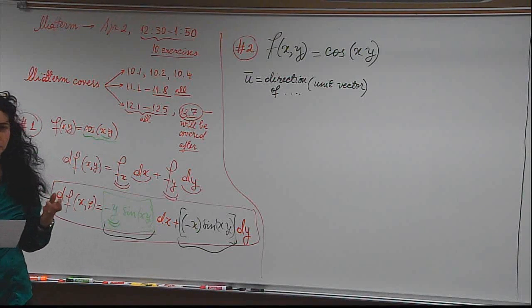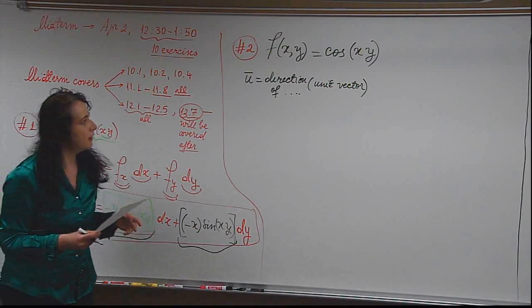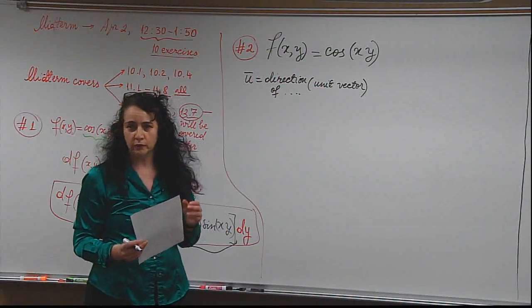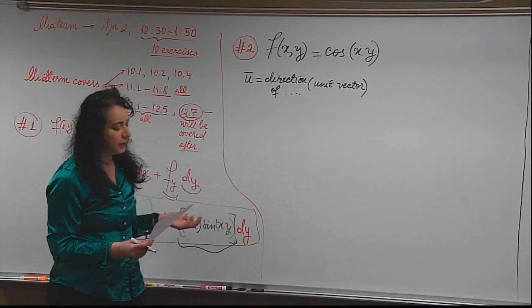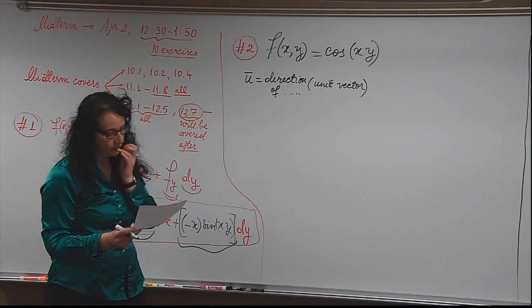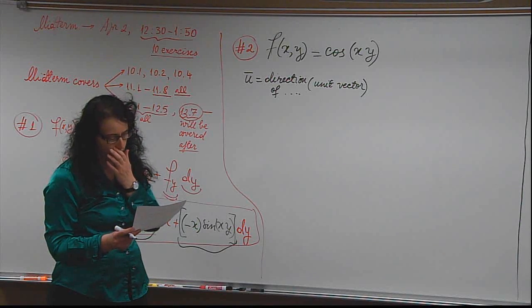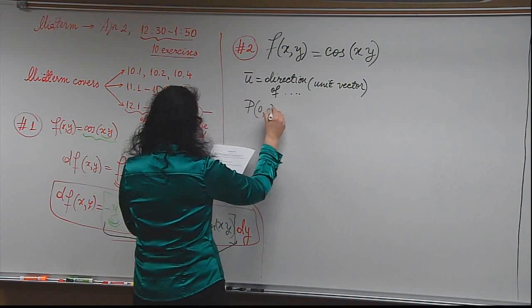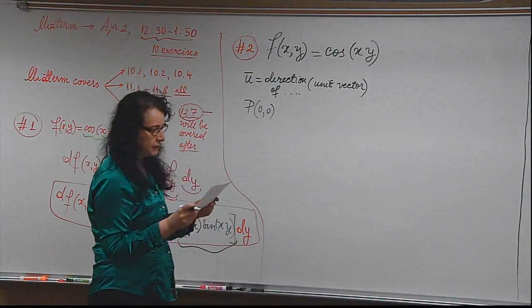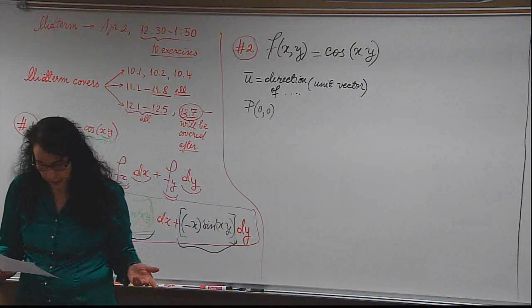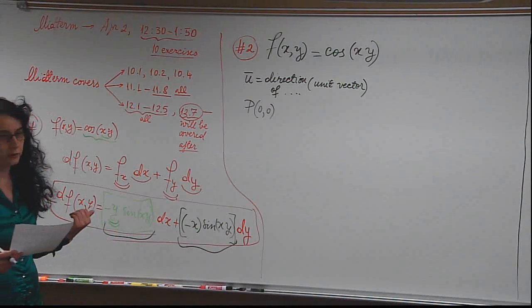So what is the direction of the highest ascent for a function like that? The gradient. So if you know what the direction of the gradient is, you're in business. At the point P of coordinates 0, 0. If such a direction exists, and you say, well, of course it exists, it's a gradient, justify your answer.